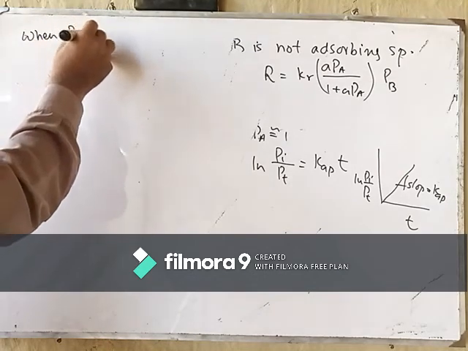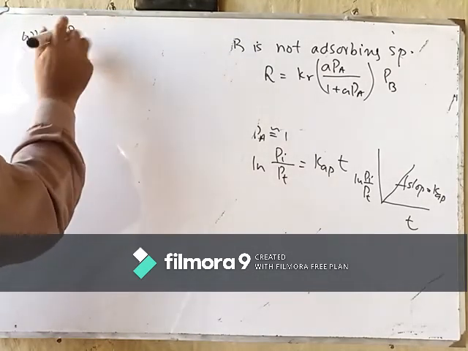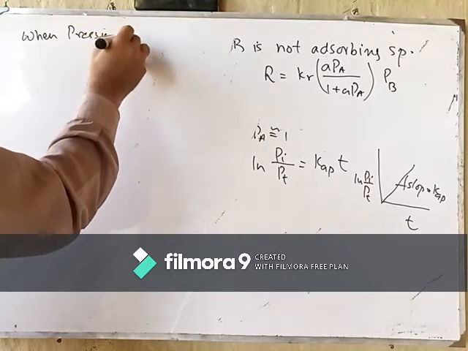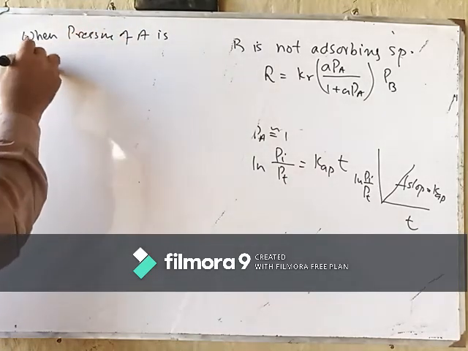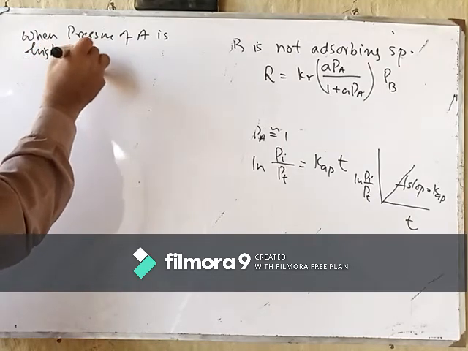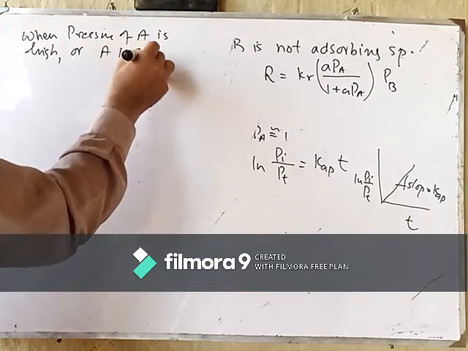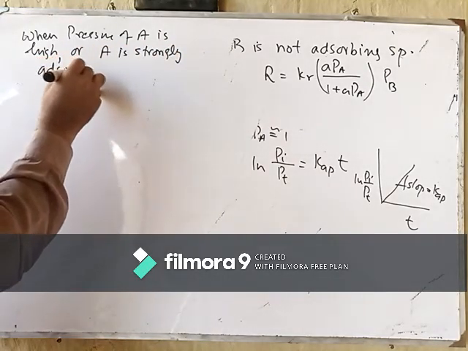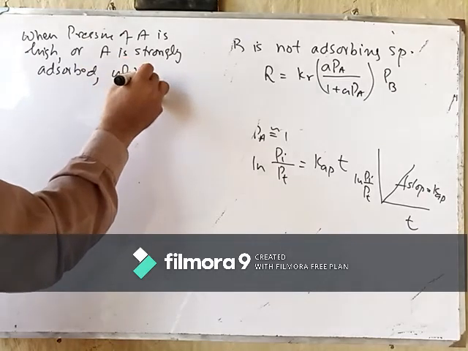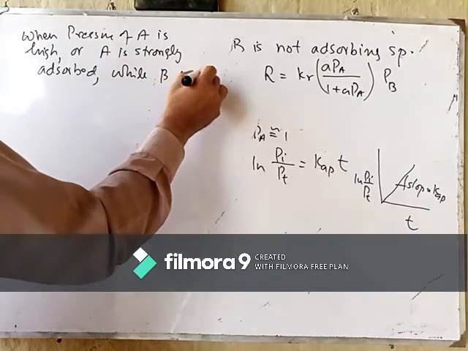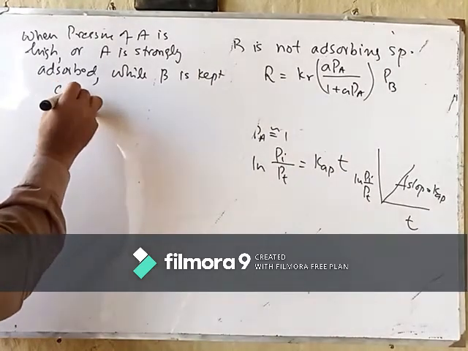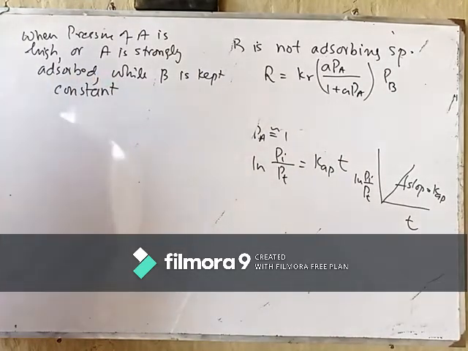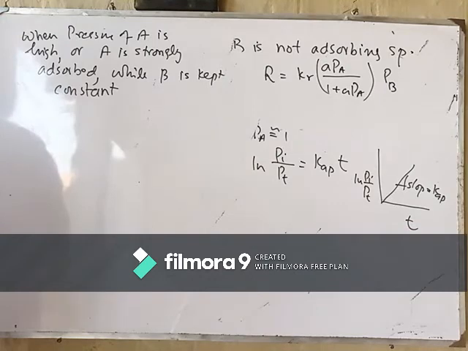When pressure of A is high or A is strongly adsorbed while B is kept constant, then what will be the rate expression for surface catalyzed reaction in terms of Eley-Rideal mechanism?